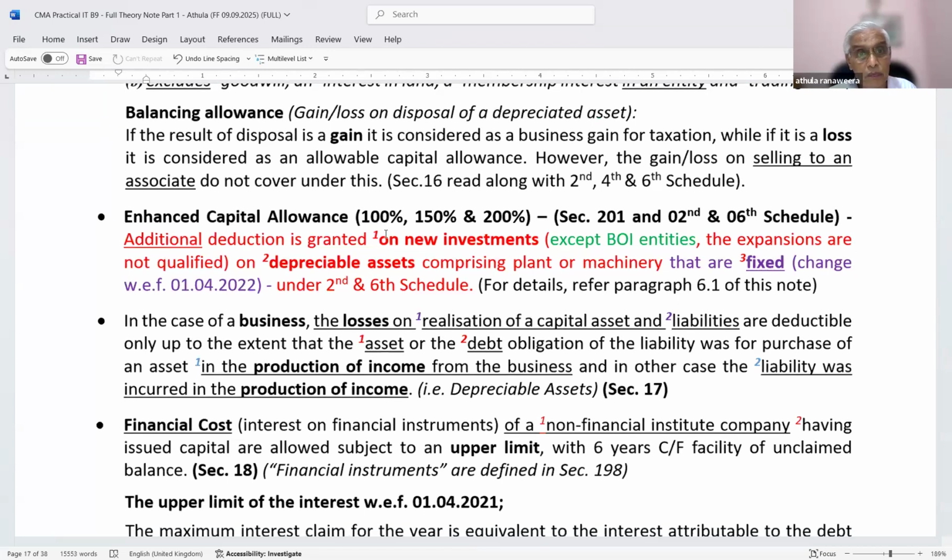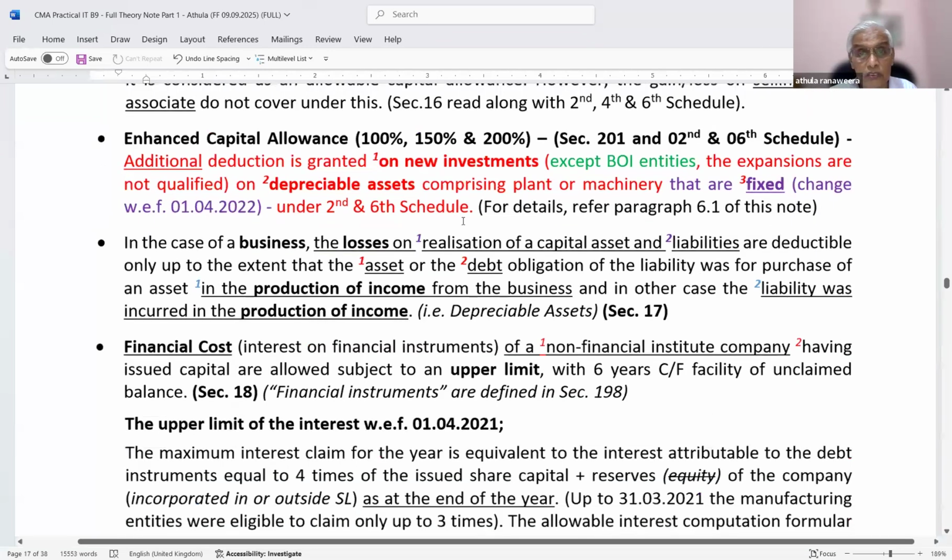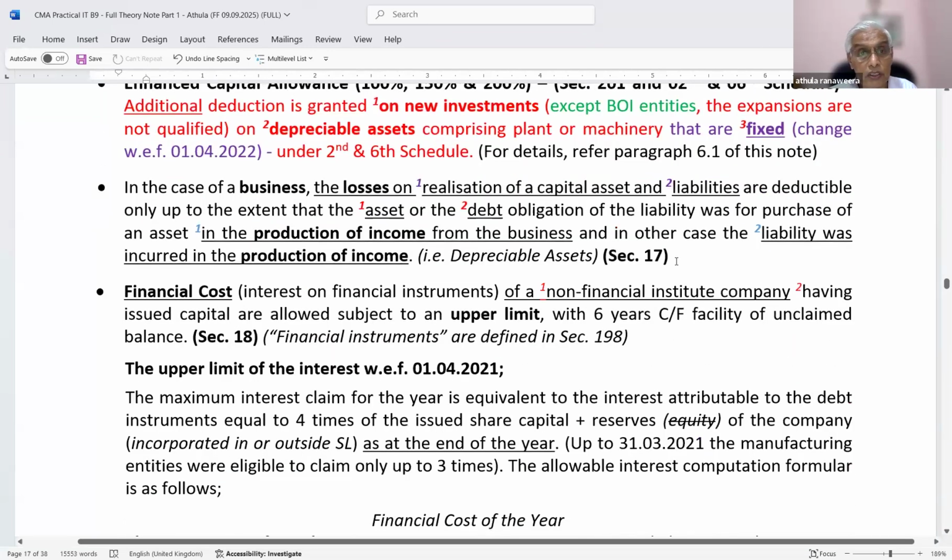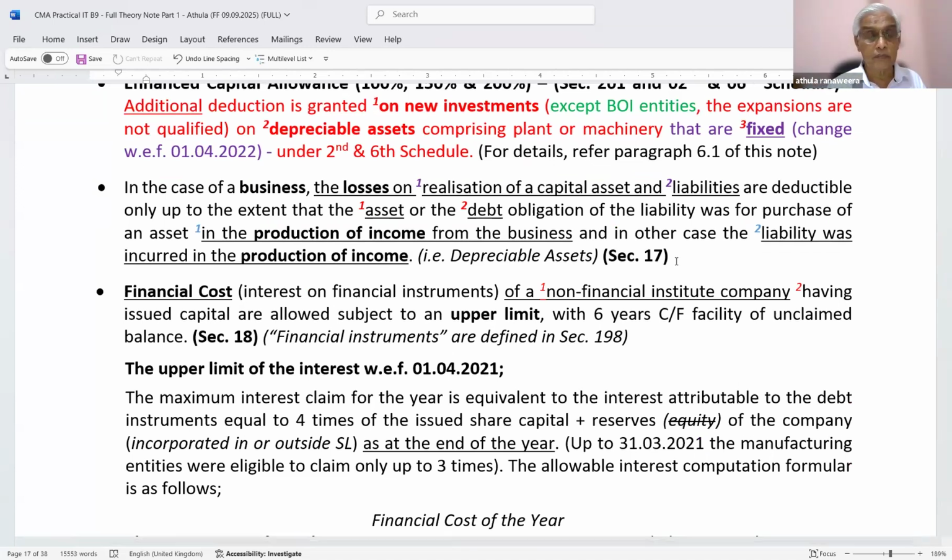Then, in the case of the losses of a business, you can carry forward and claim later.